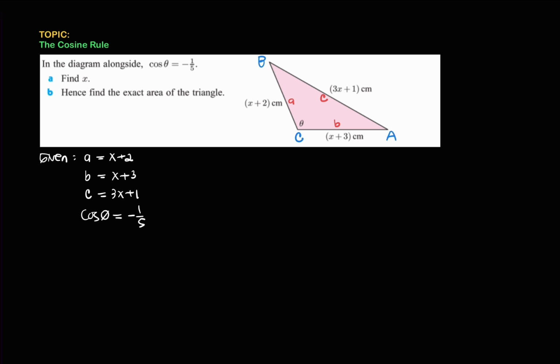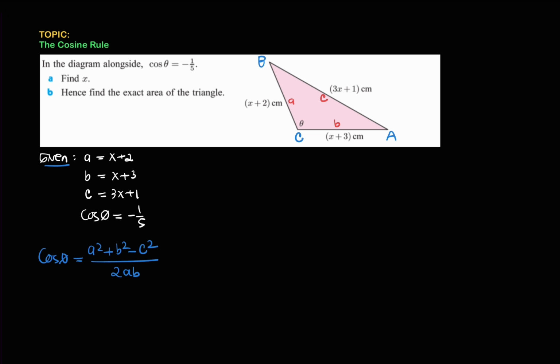So we can apply the formula: cos theta equals (a squared plus b squared minus c squared) over 2ab.